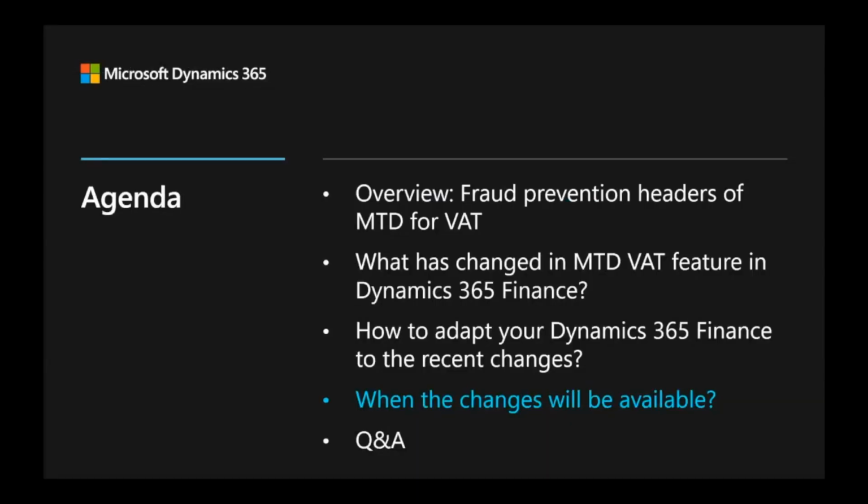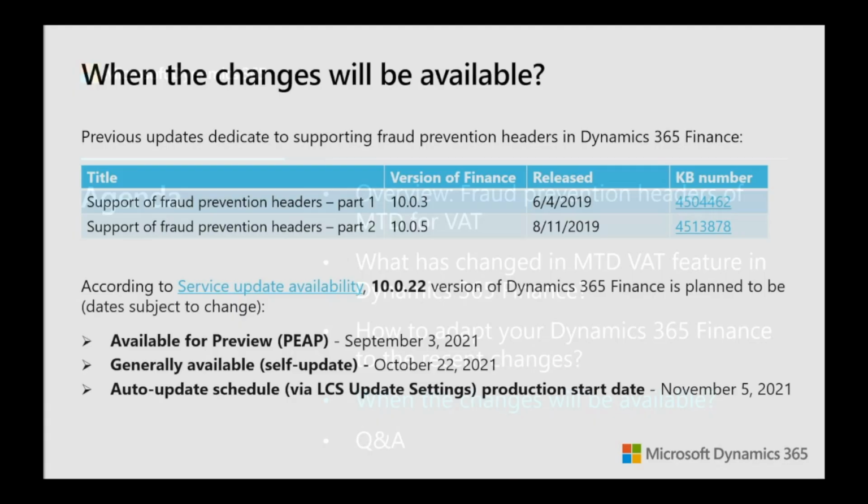Well, now we can talk about when these changes will be available and can be installed. As I already mentioned, the first two parts of fraud prevention headers were delivered for Dynamics 365 Finance quite some time ago. The first package is available since version 10.03, and then in version 10.05 an extension was delivered.